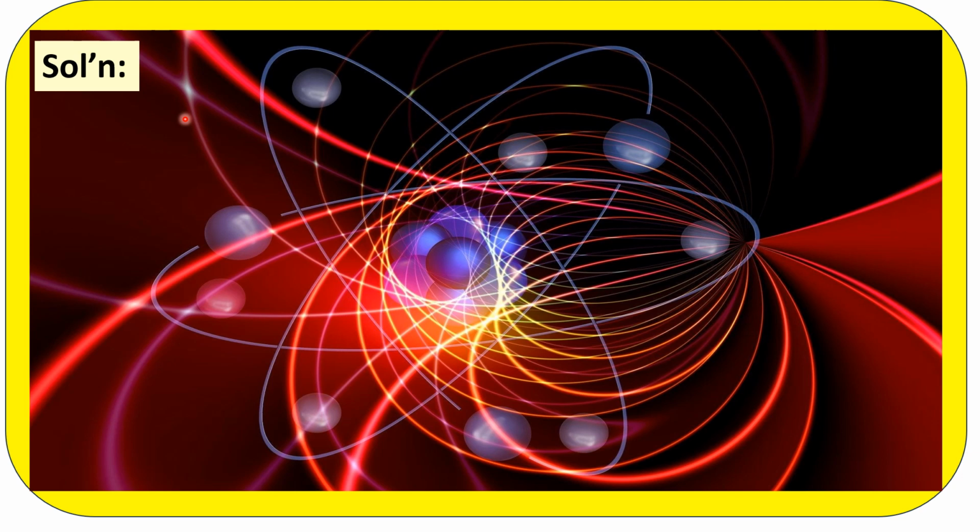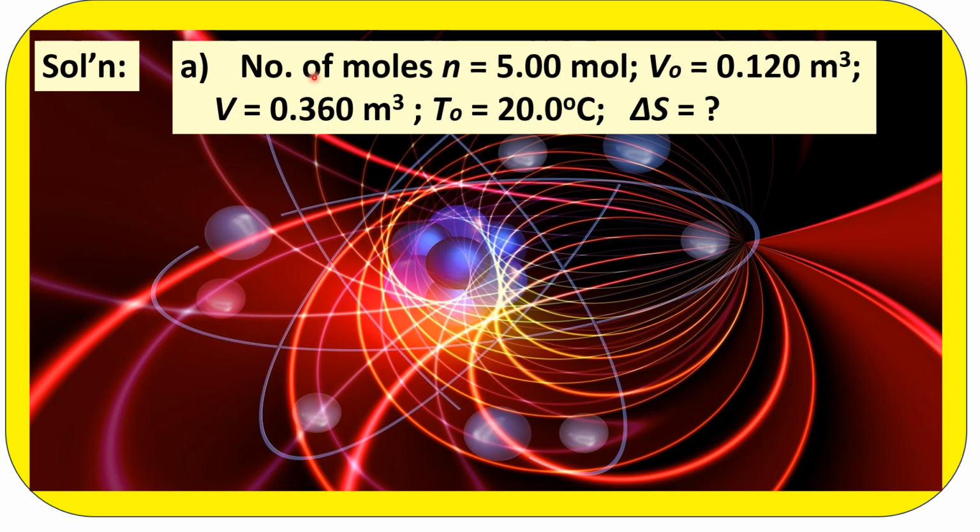For our solution to this problem, we first list down the given quantities. We have the number of moles, small letter n equal to 5.00 moles, the initial volume V naught, 0.120 meter cube, the final volume, capital V, equal to 0.360 meter cube, the initial temperature, T naught, 20.0 degrees Celsius, and our target variable is the delta S, or the change in entropy of the gas.